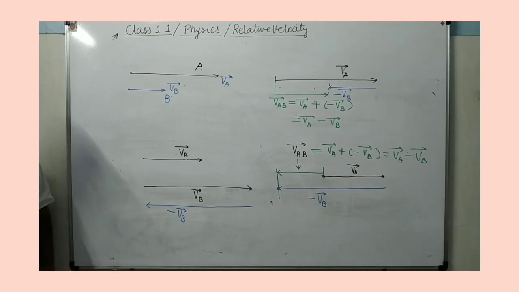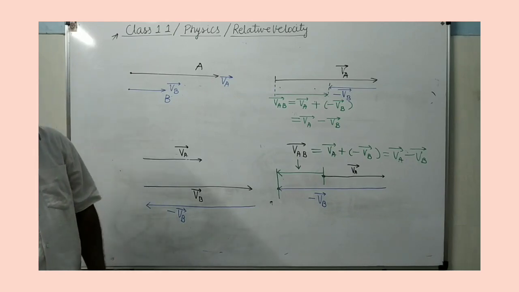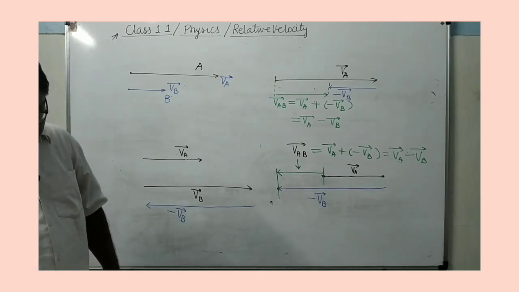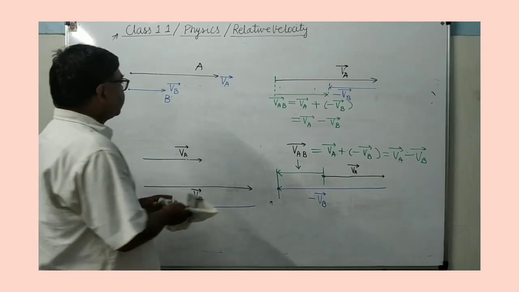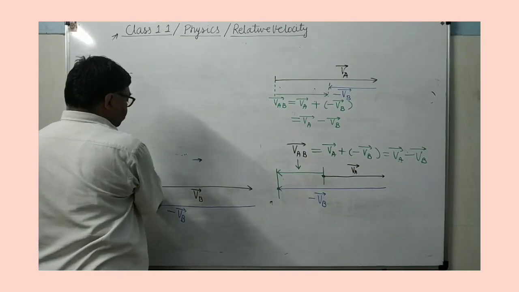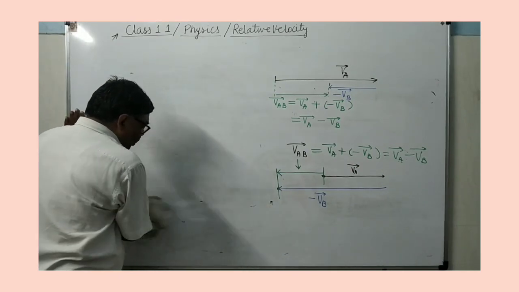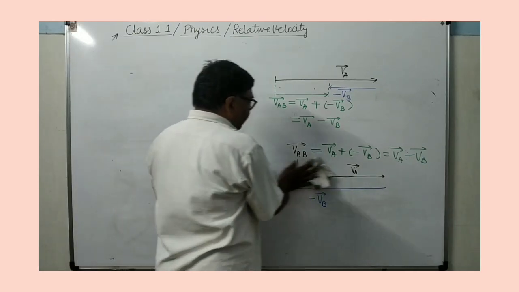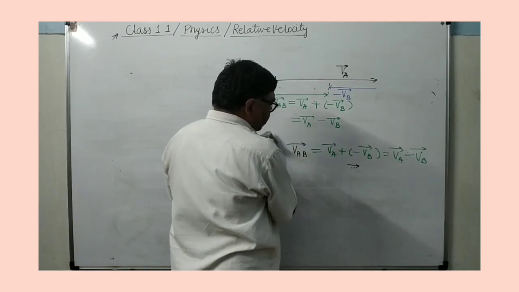It's clear. Now I am going to do this derivation: relative velocity in two moving bodies inclined to each other. Relative velocities of two moving bodies inclined to each other means they are moving in two inclined directions. Neither they are parallel nor anti-parallel. Now see here one more thing.